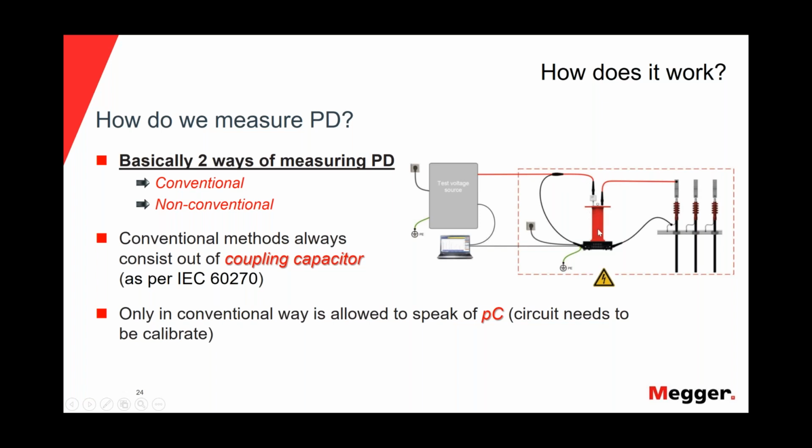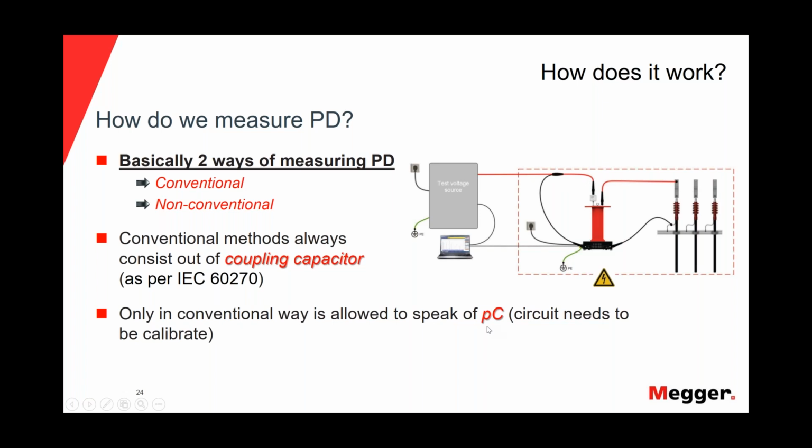So we need to de-energize the cable in order to connect the coupling capacitor and the power source. And in the conventional way, when we use the coupling capacitor, we will work under the IEC 60270. Only when we work in the conventional way is it allowed to speak of picocoulombs.